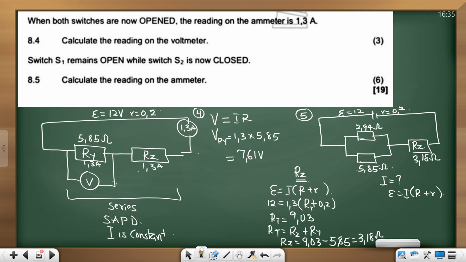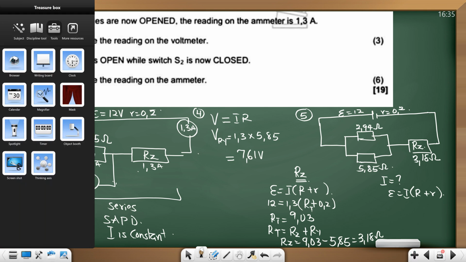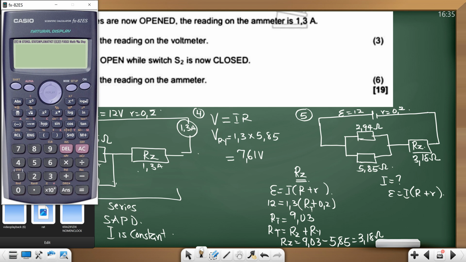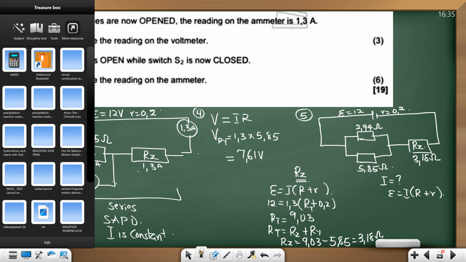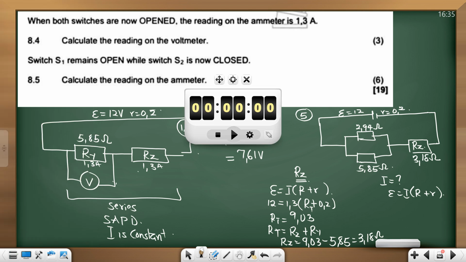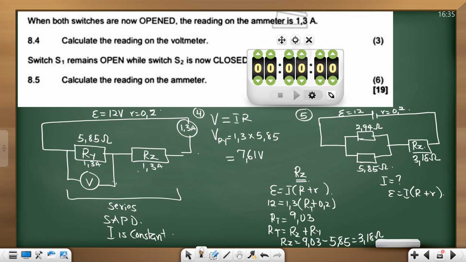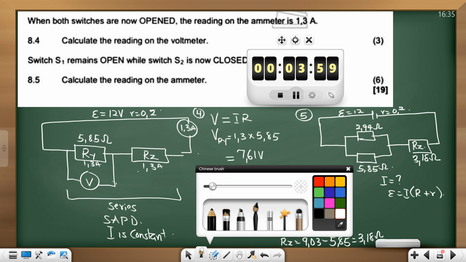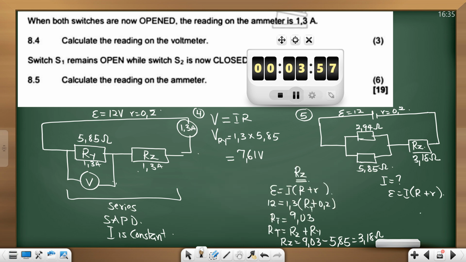I'll give you 4 minutes in case you want to write. I've done the hard work there. You have to calculate our total first because all the 3 resistors are now in operation. R there is our total. Quickly, please.